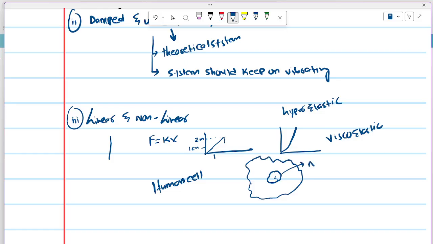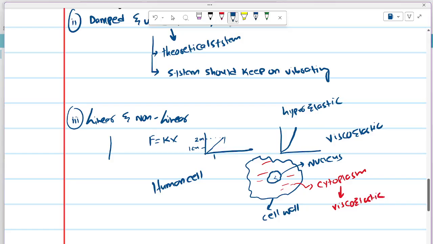So you have a nucleus here, and then you have the cell wall. You guys must have studied some biology in your high school. You have the cell wall, and this region is filled with a fluid called cytoplasm. That cytoplasm is basically a viscoelastic medium. It's kind of a viscous fluid.